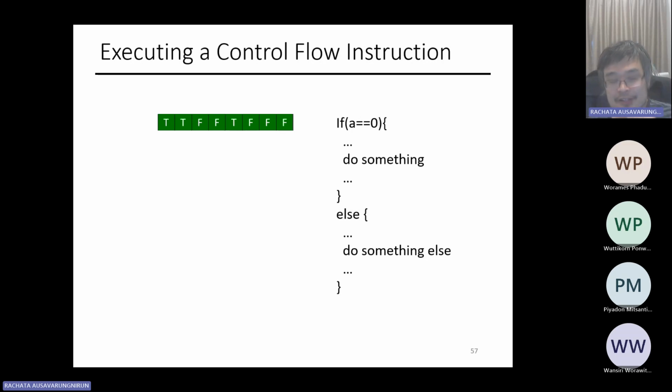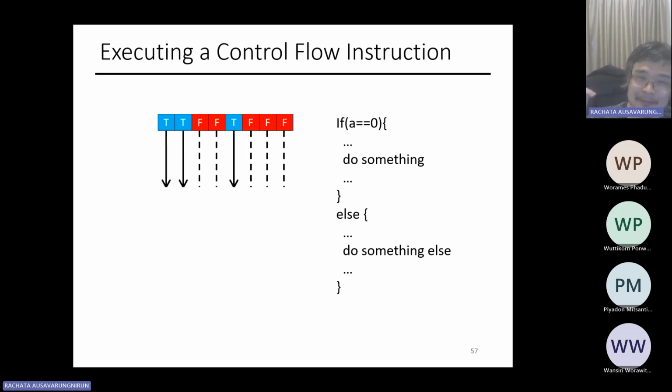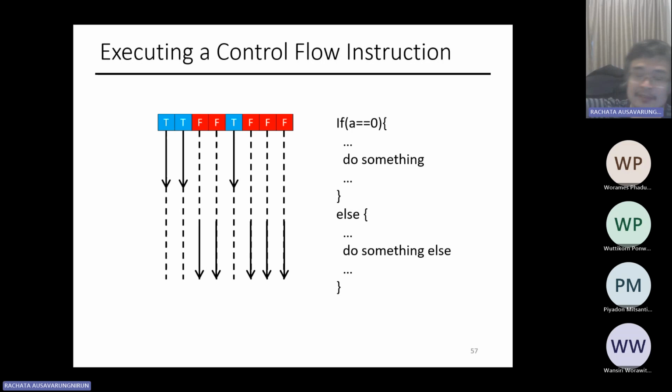What does the GPU do to handle this case? What actually happens is it will run both sides of the branch. The first time it goes in, it runs the true part. The false part of the threads is blocked out; I'm not running anything there. It keeps running, and once I'm done with the if part, I then execute the else part.